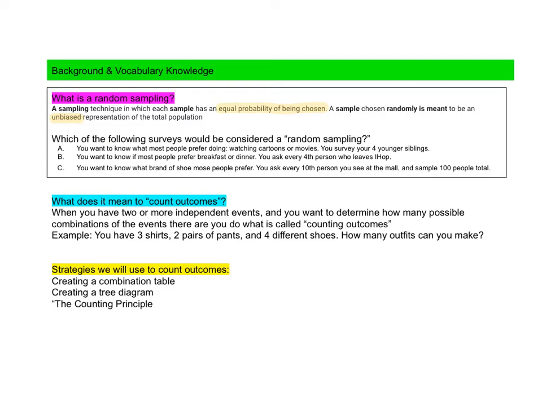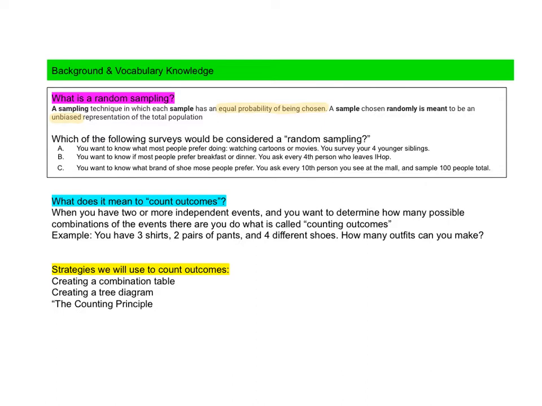It is very fair that pretty much everything has an equal opportunity of being chosen, and there's no bias, right? We've talked about this before, but something that's not a random sampling would be, well, you know what? Let's just go over these questions below and see if any of these would be considered a random sampling. If they have an equal probability of being chosen, each of the variables, and if it's unbiased.